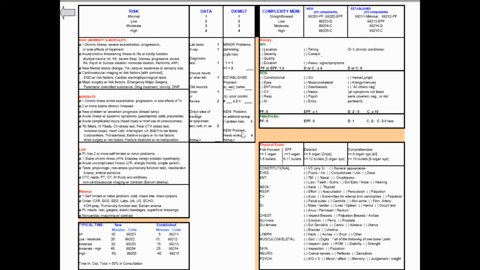And instead of adding up all the established problems over here that are either poorly or well controlled, or stable, now we've just got a fixed value here. If it's a new problem and no additional workup, it's 3 points. And remember, this is 1 problem max.